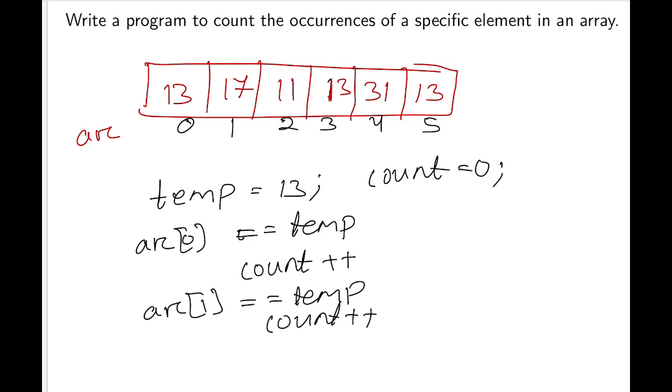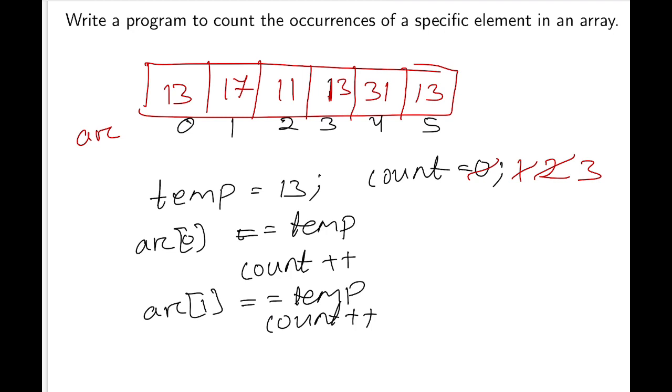So initially count is 0, and when the first one matches, count becomes 1. Now again when a match is found, the value of count becomes 2. Again proceed to this one, is it matching? No. Then proceed to this one, is it matching? Yes. Then update the value to 3.